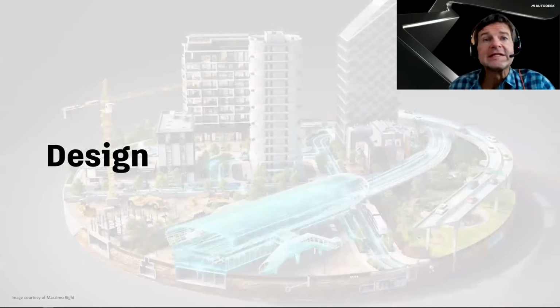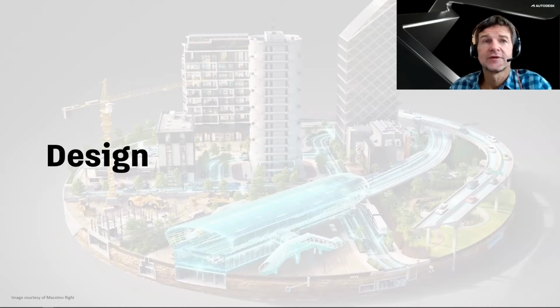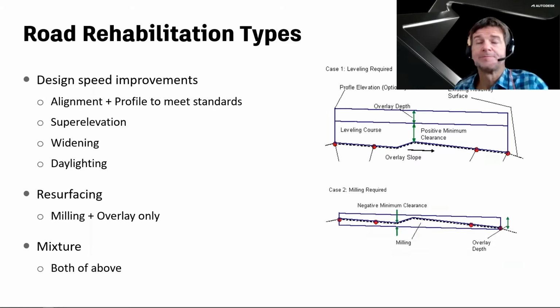So let's move to the design. This is obviously, let's say, the most important step, but without proper existing ground conditions, there is no good design. And, as I said at the beginning, road rehabilitation can have different flavors.